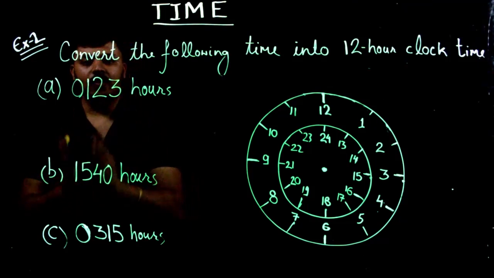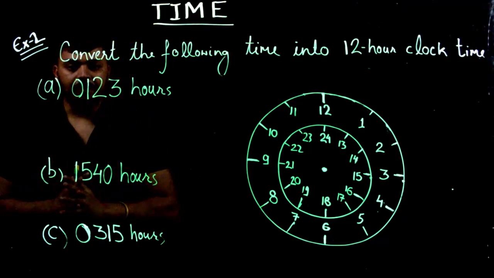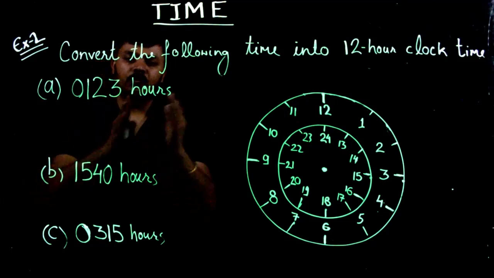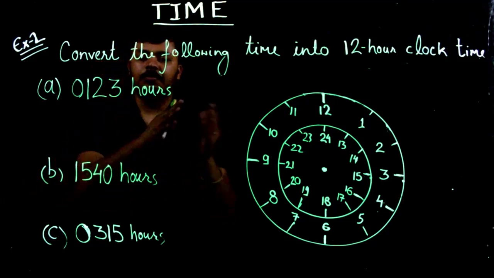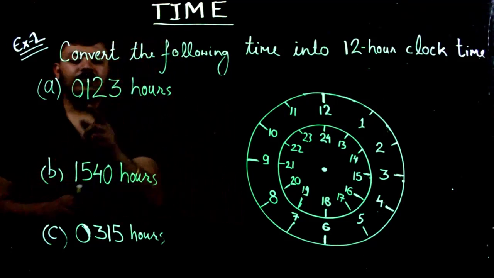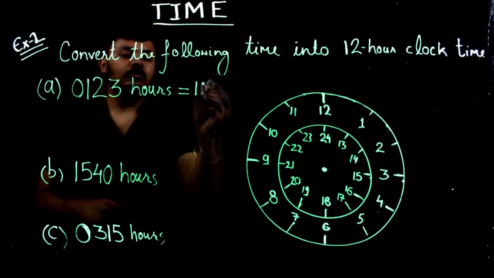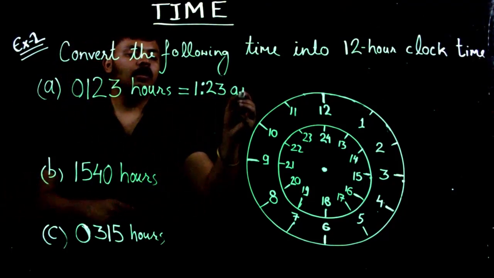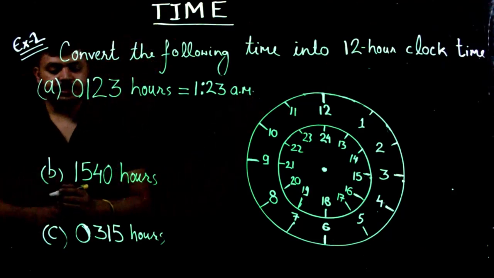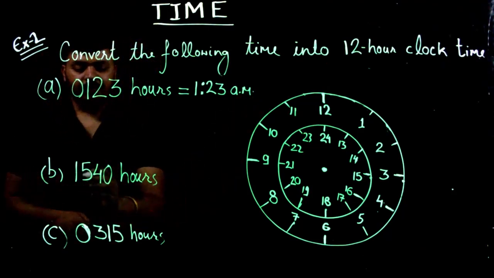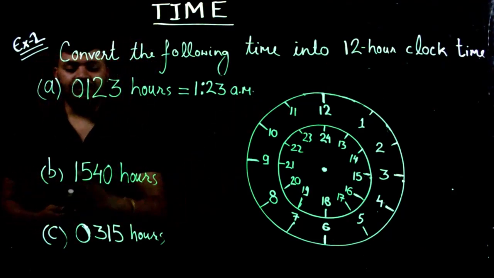The time before 1200 hours denotes AM, whereas time after 1200 hours denotes PM. So it is 0123 hours, so it would be written as 1:23 AM.